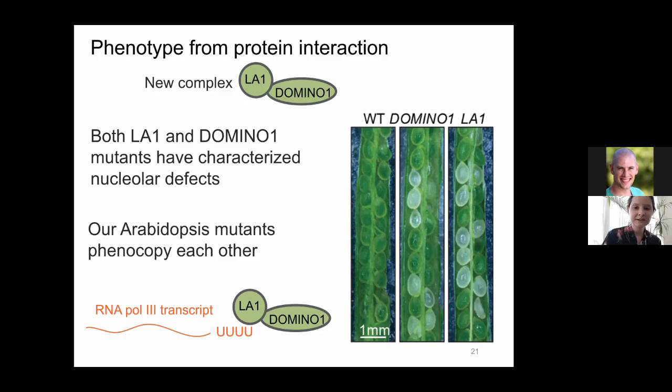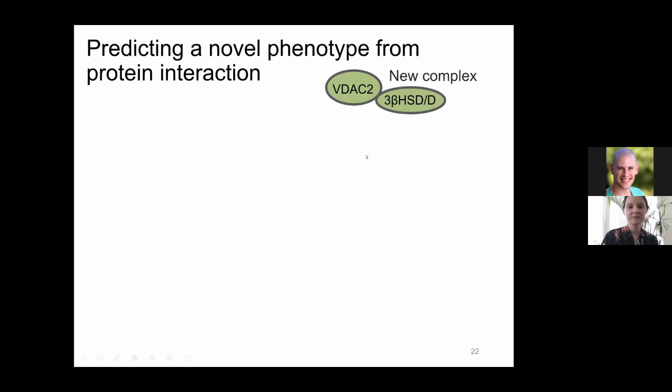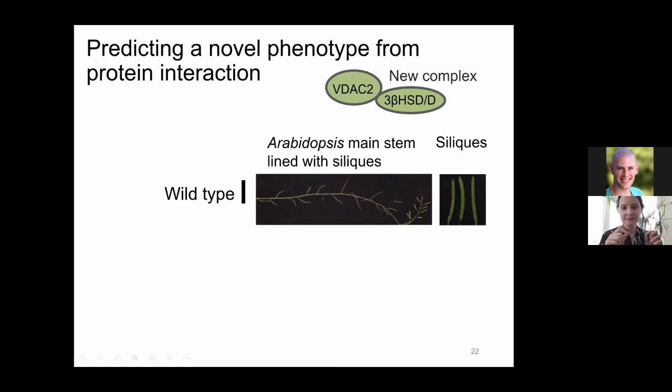Another one was predicting a novel phenotype just from protein interaction. This is an interaction of two mitochondrial proteins, VDAC2 and 3-beta-HSDD. This is a view of a wild type Arabidopsis main stem. You can see these siliques extending off of the stem, and this is what they look like zoomed in.